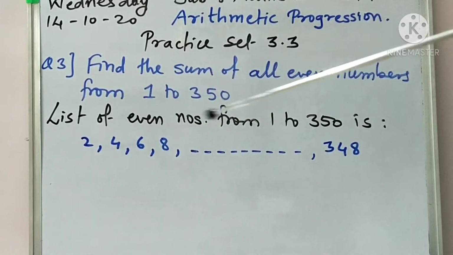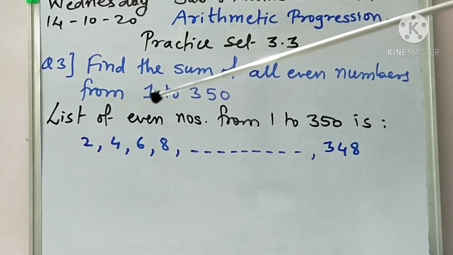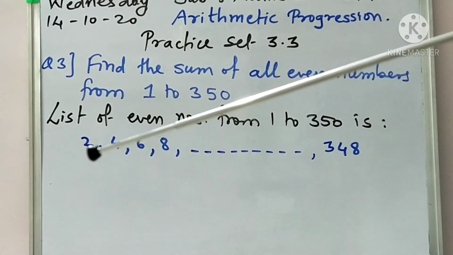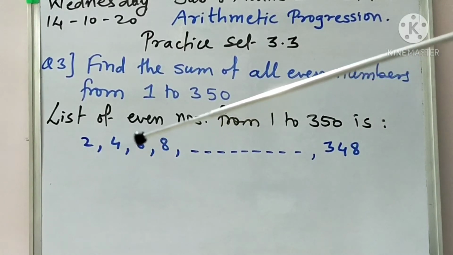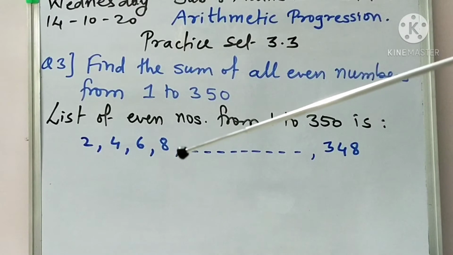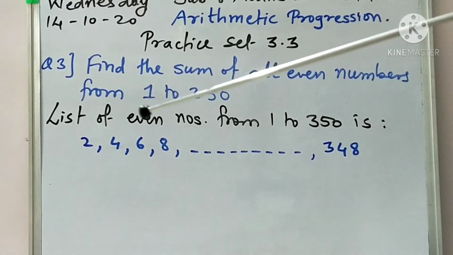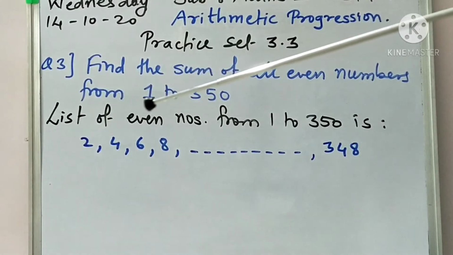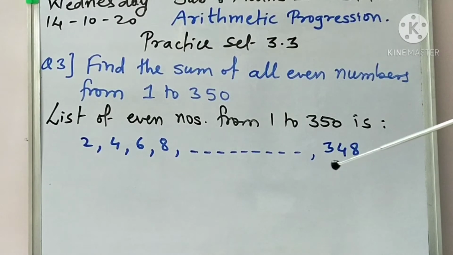You have to write down the even numbers from 1 to 350. The first number in the list is 2 as an even number, the next number is 4, next 6, 8, 10, 12, like this, but you have to write it up to 348. This is the meaning of the numbers between or numbers from 1 to 350. Even though 350 is an even number, we write down the list up to 348.